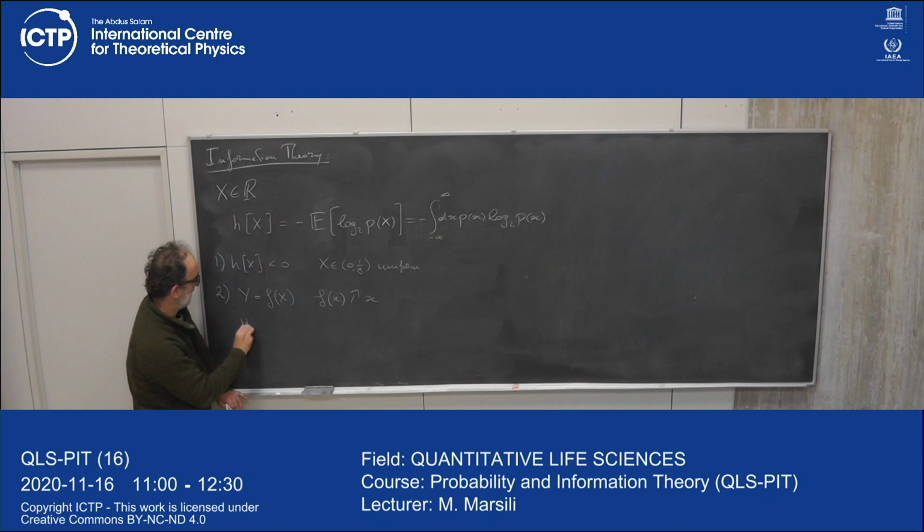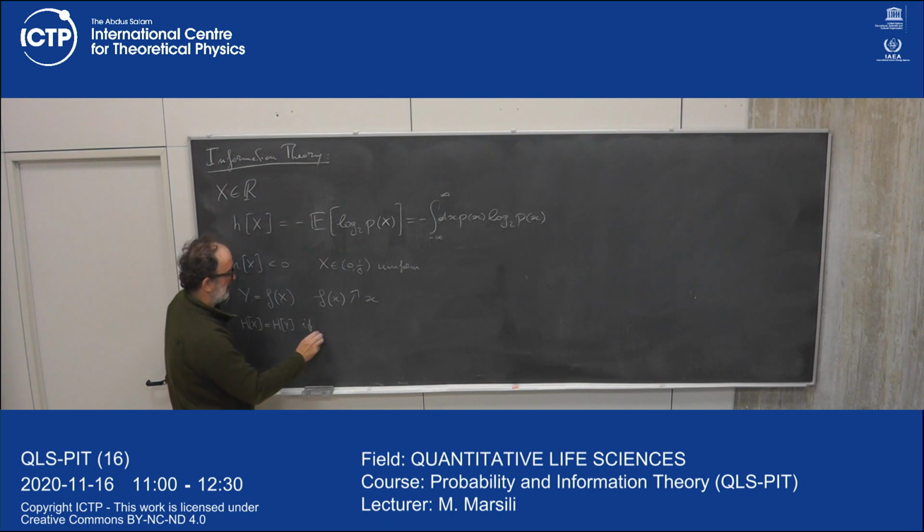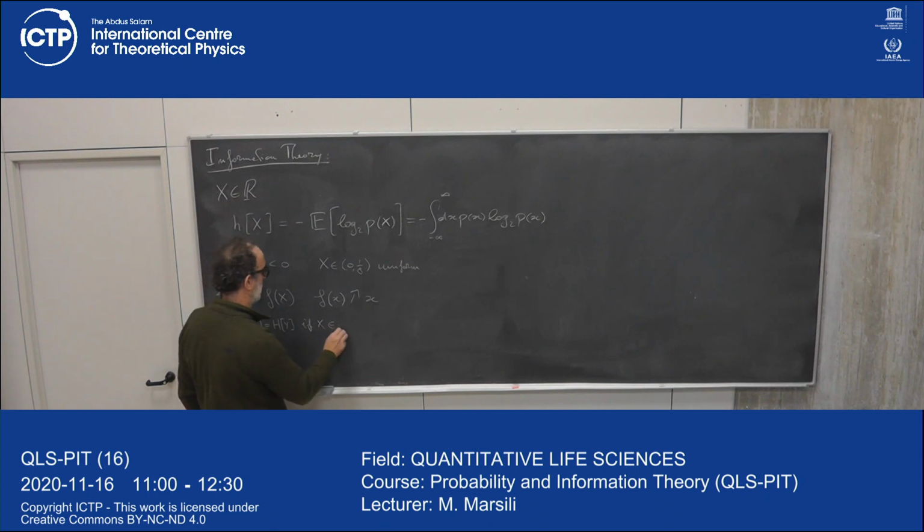So you would have that h of x in this case would be equal to h of y, because the number of questions that you have to make to find out what x is is exactly equal to the number of questions that you have to make to find out what y is. Okay, this is if x is a discrete variable.